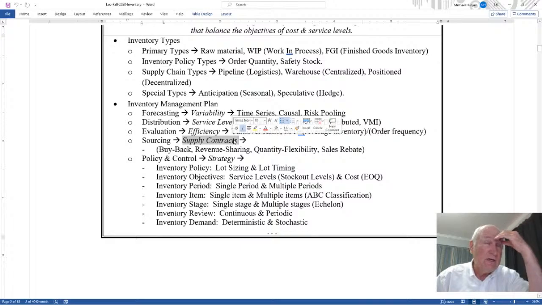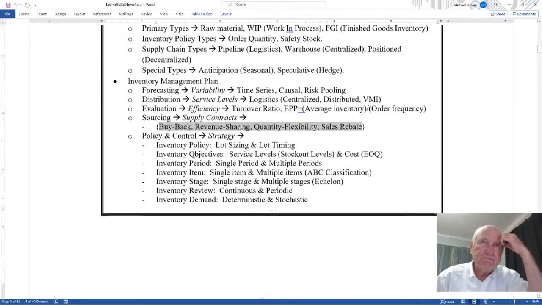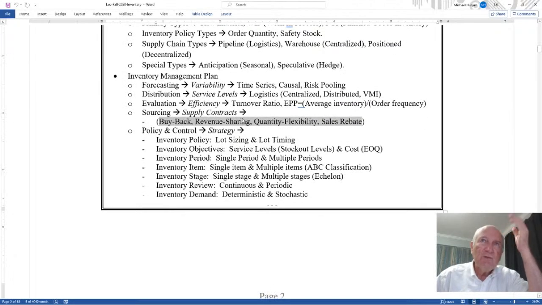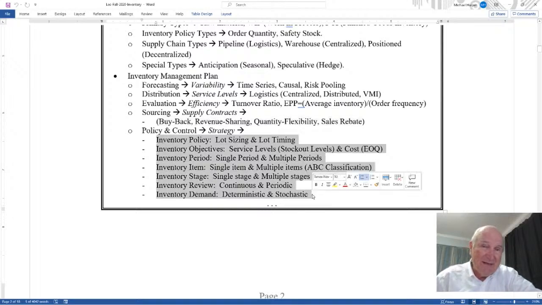Is it strict? We'll look at these when we do relationships. I won't go into the different contracts very much, but I will talk about sourcing. This is more detail-oriented than I want to do in this course. Policy and control: a lot of what we're doing today is right here, and that's why this is expanded.